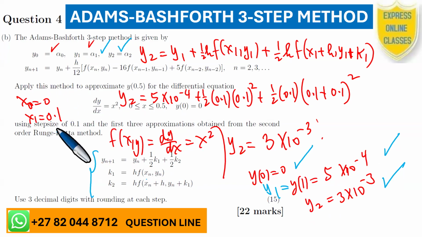Now we're going to get y3 using the Adams-Bashforth three-step method.